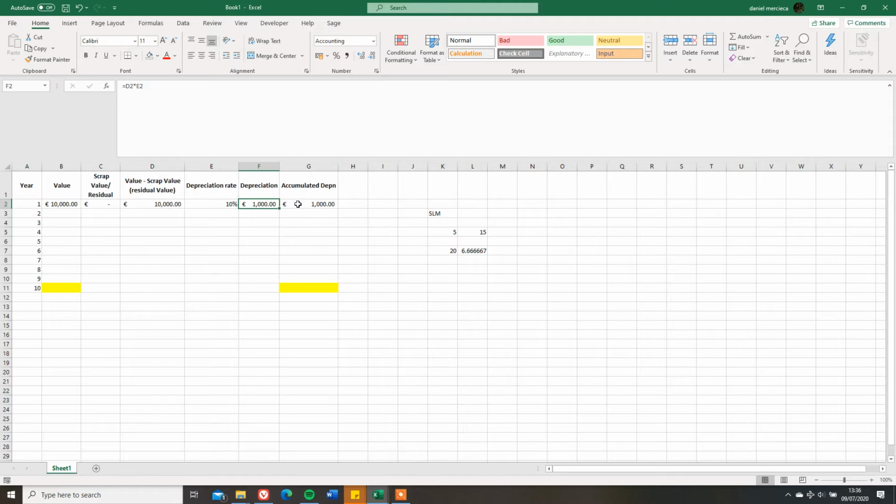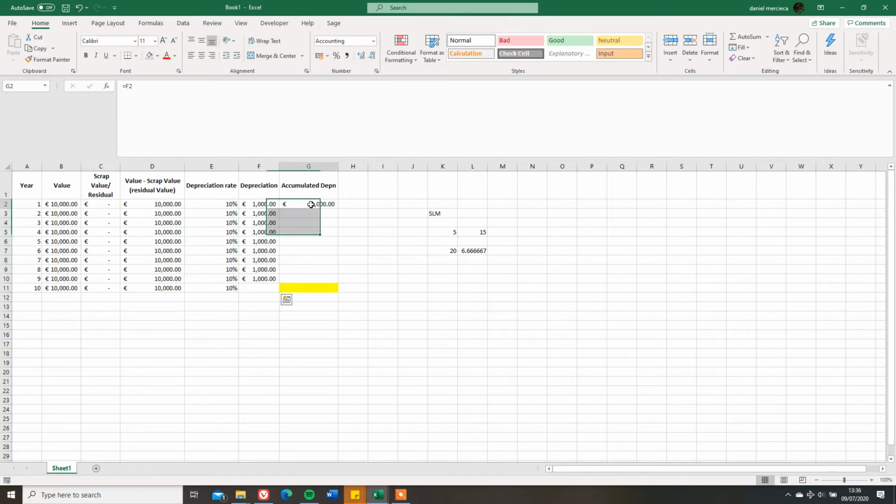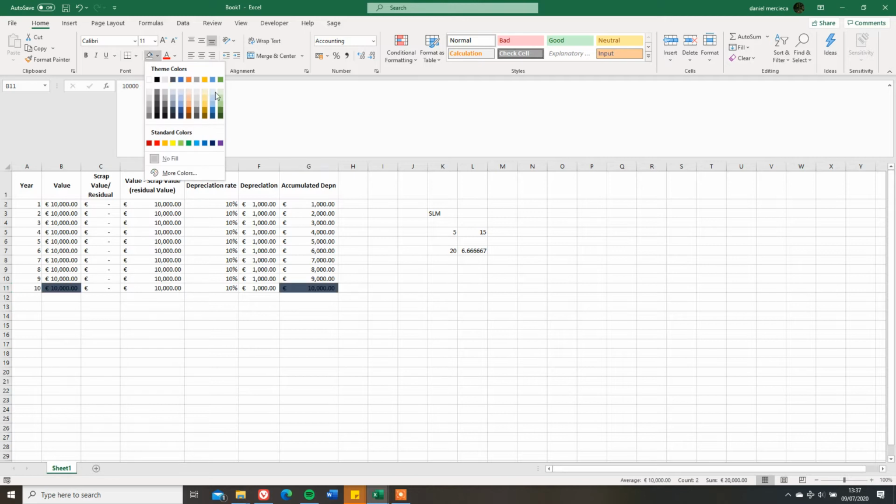In the straight line method, the depreciation would be the same per annum. It will not change. And so depreciating in the first year would be the same as depreciating in the fifth year. So the value would remain always the same. Let's say that we have no scrap value. The depreciation rate will not change, and the accumulated depreciation will be increasing year in, year out, up to the point where the accumulated depreciation meets the value.